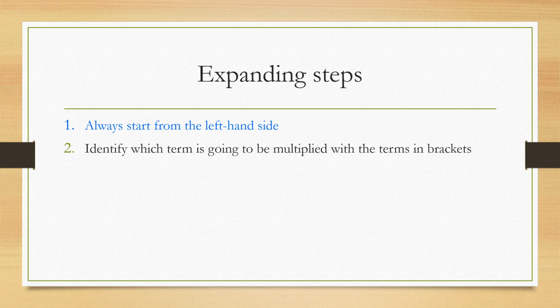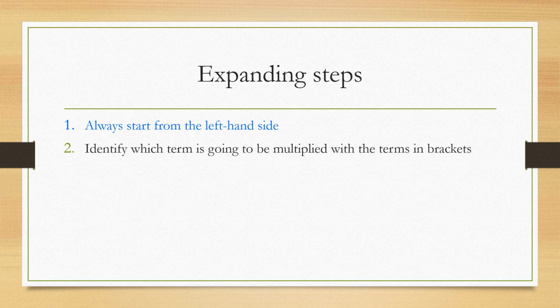So you need to make sure that you know which term is actually being multiplied. If the term is separated out with an addition or a subtraction sign, then that number is not being multiplied, it's actually separated out. So it must be a number in front of the bracket. It must be outside the bracket, not inside the bracket.